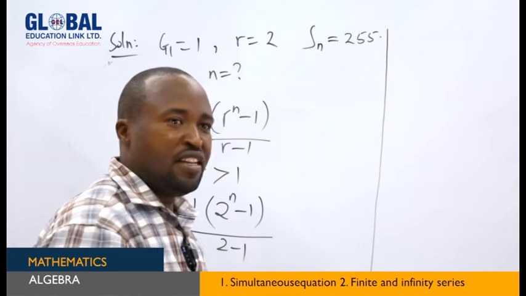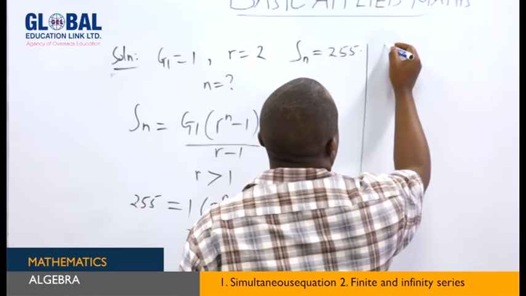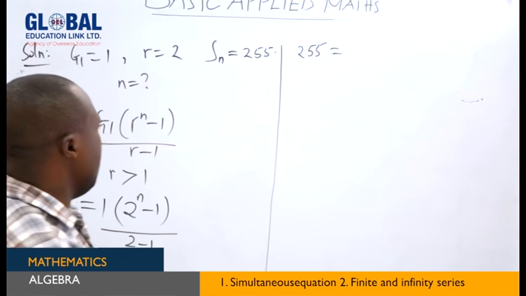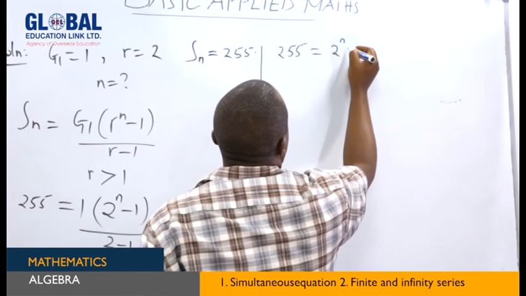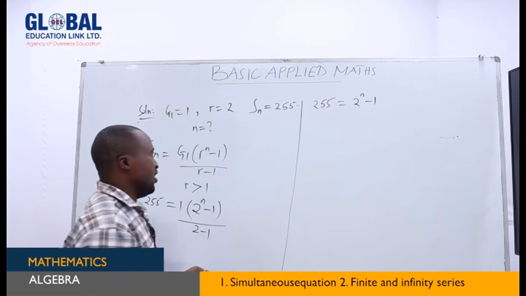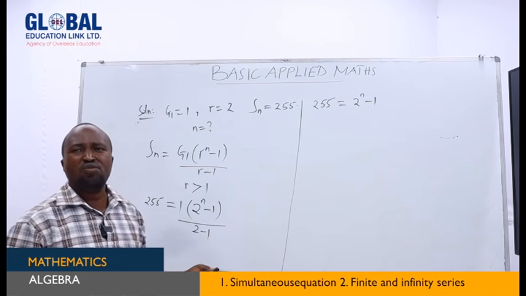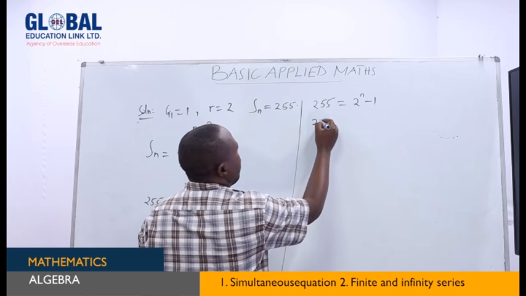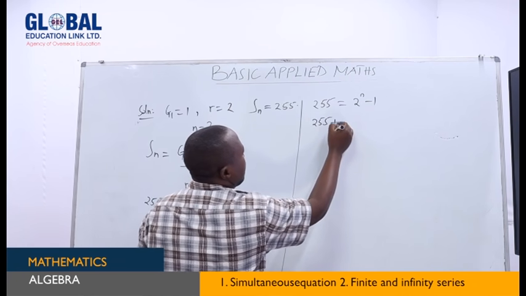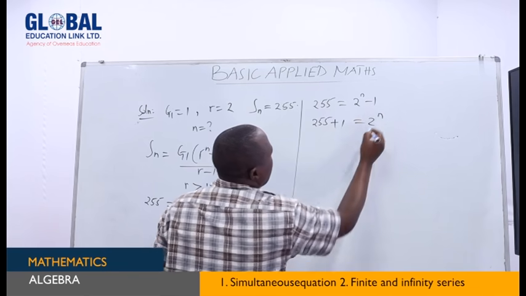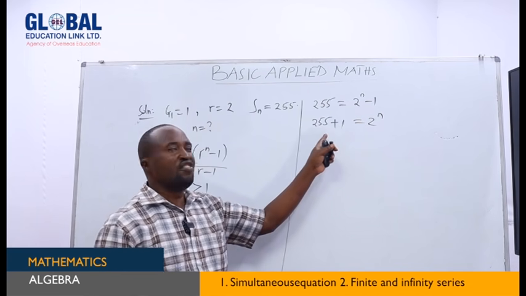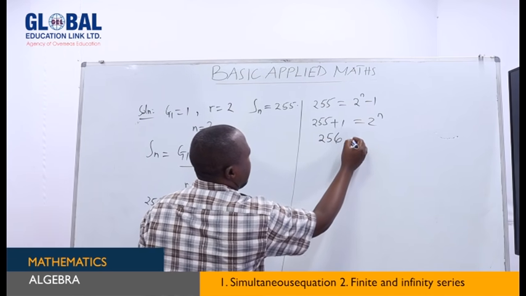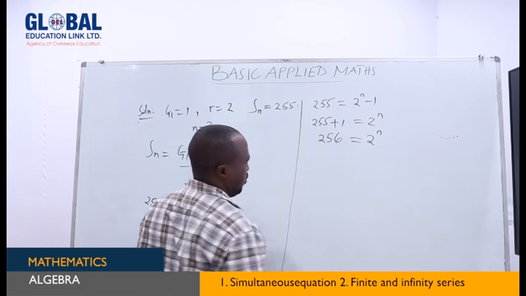So, my dear student, we are going to have 255 equal to 2 raised to N minus 1 over 2 minus 1, which is equal to 1. So this is 255, this is negative 1, so plus 1 is equal to 2 raised to N. So 255 plus 1 is 256, which is equal to 2 raised to N.